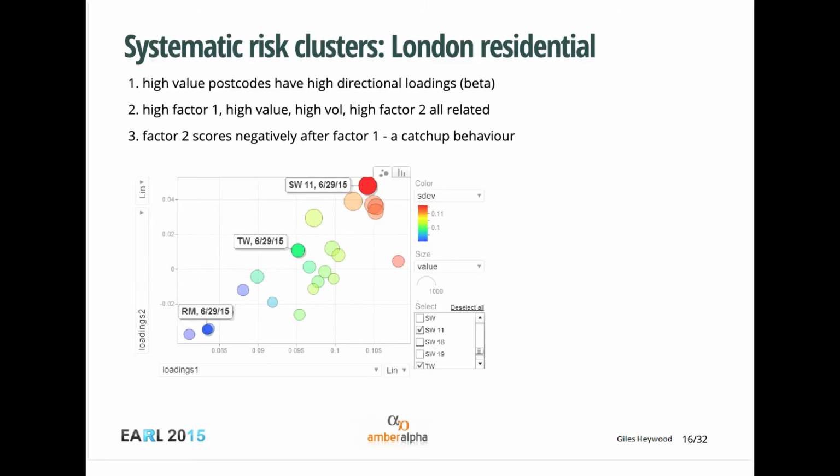And I think what you can see straight away is that they're all correlated. Factors 1 and 2 scores are not correlated by definition, but actually the loadings are, in this case, positively correlated. And we can watch that through time, and it's a really interesting story to tell.